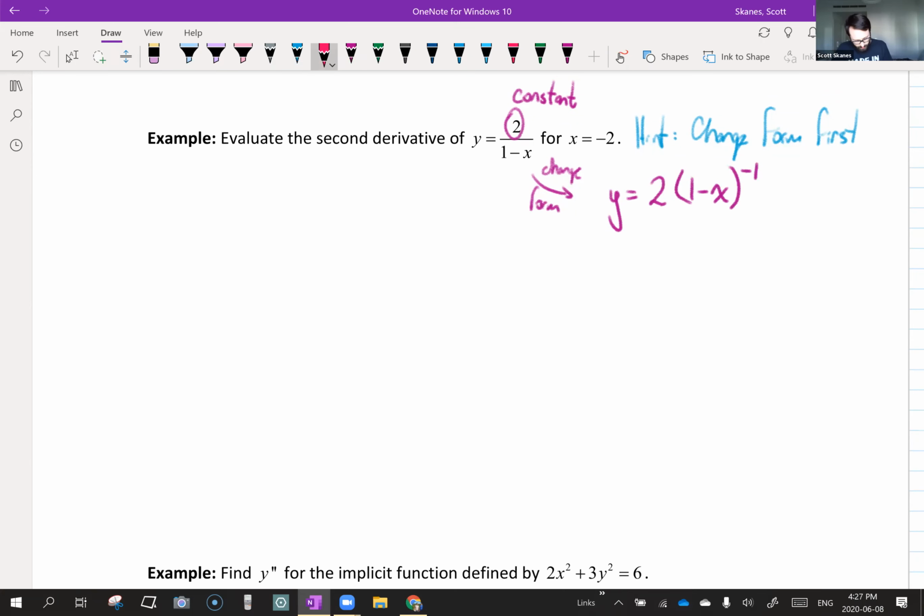That's because, look, on bottom, technically this is a -1. So I've just taken the whole bottom and put it on the top, because I know it's going to be easier, and you will see why soon. And made it a function that I can use the chain rule on. So I'm saying, look, there's no product here really. There's no quotient. Now we can use the chain rule.